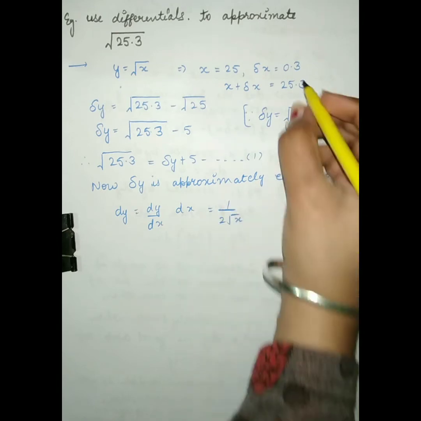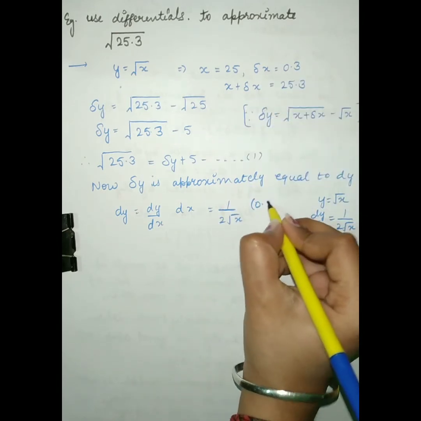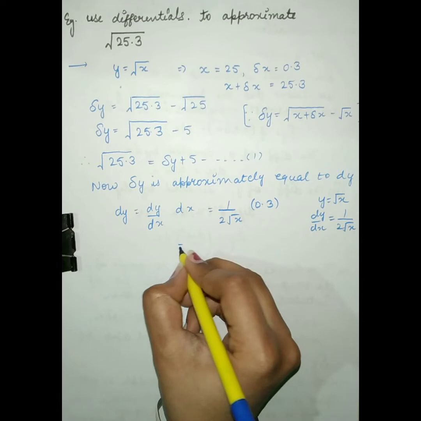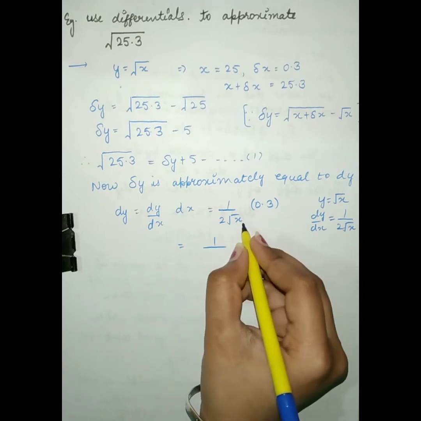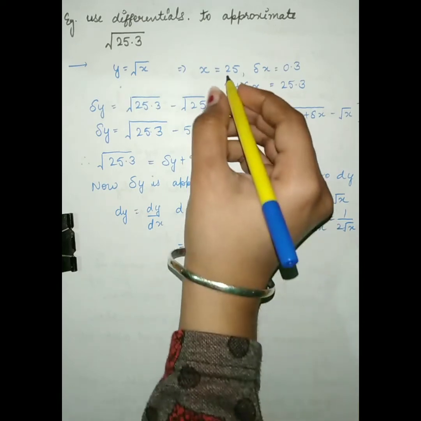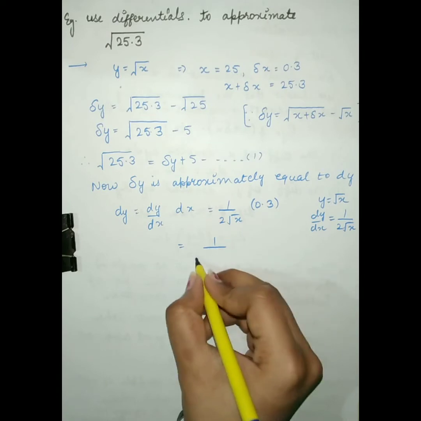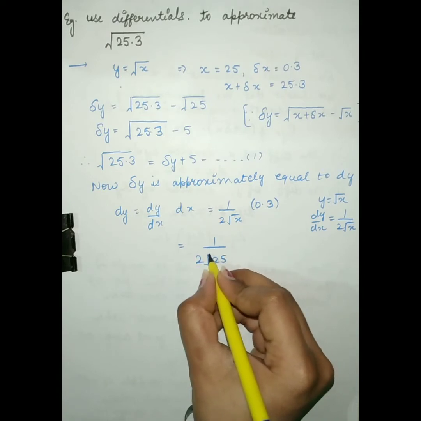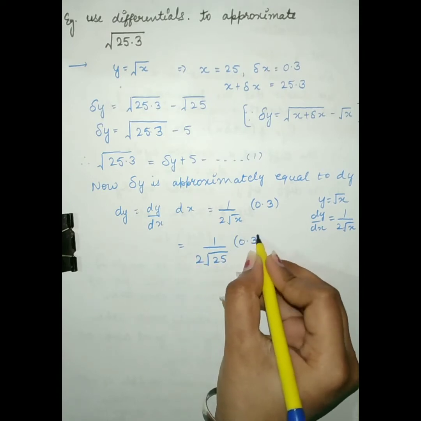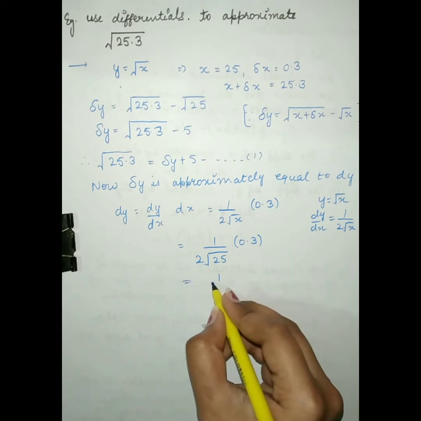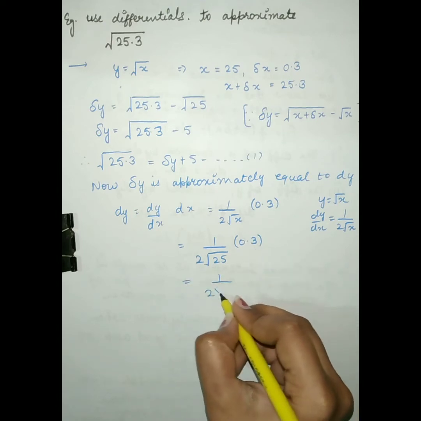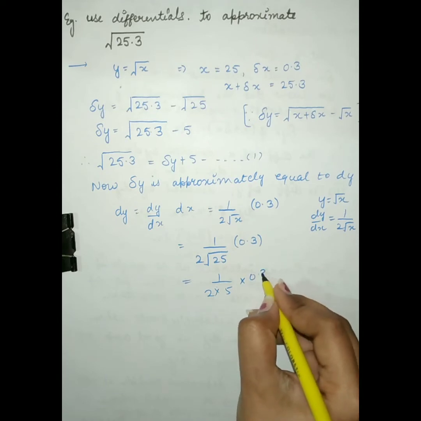That means here we get 1 upon 2 root of x, and dx is approximately equal to del x, which is 0.3. So here we will also put the value of x, which is 25. So we get 1 upon 2 root of 25 into 0.3. Then it will become 1 upon 2 into 5 into 0.3.